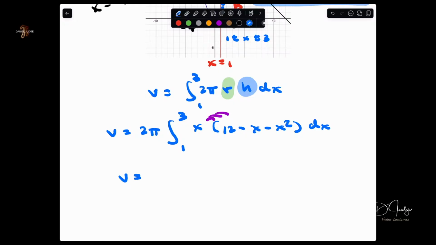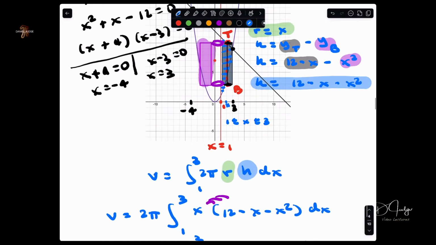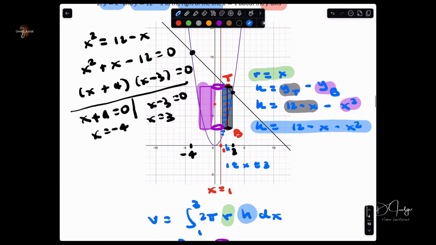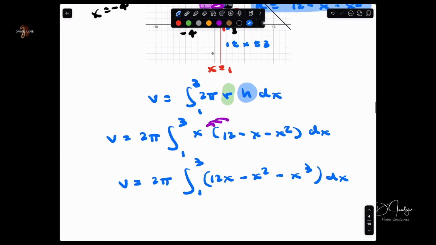So the volume will be 2 pi, integral from 1 to 3, 12x minus x squared minus x cubed, dx. So this is how we do volume by cylindrical shells.